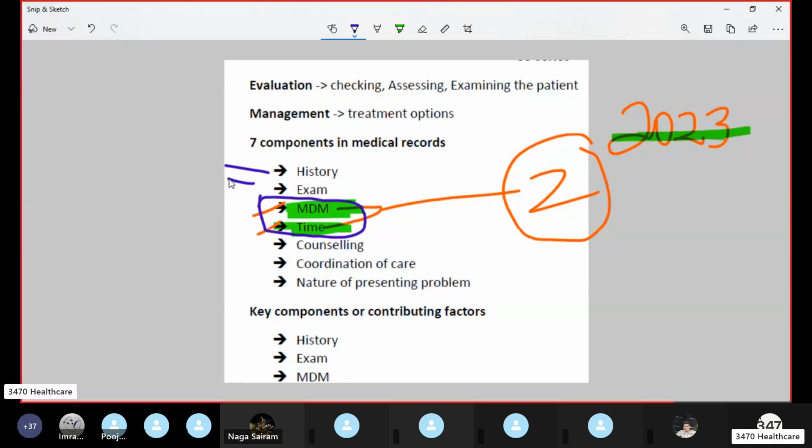So for history and exam, an appropriate history of why the patient is coming is enough, and a physical examination of any one system is enough. Who will give the history? Anyone know? The patient.